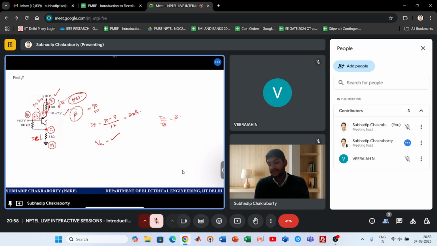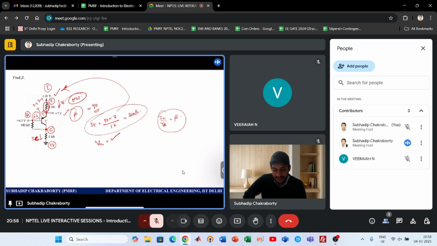Yes, I think this is right. So then you can calculate IC by IB and get beta, right? So beta will come approximately to be 90, right? So IE is nothing but 10 minus 7 by 1, because this is PNP, right? So please be careful. PNP transistor, and this side is the emitter side. So everything is inverted.